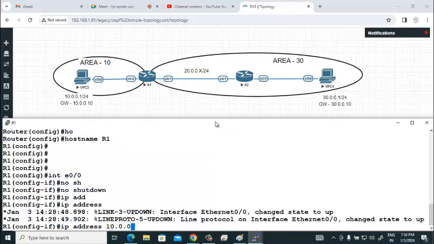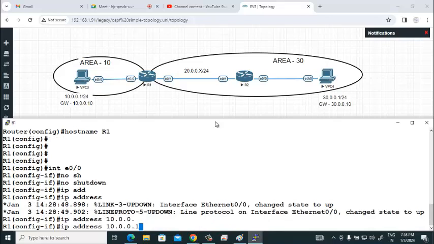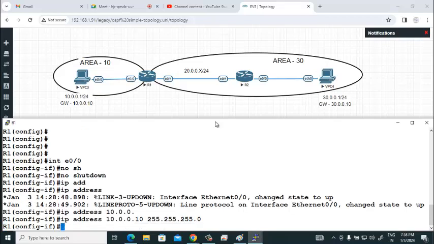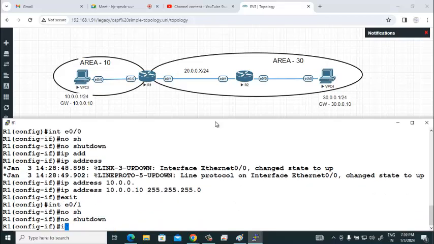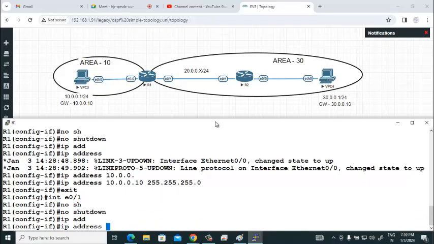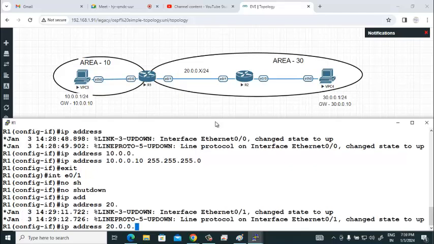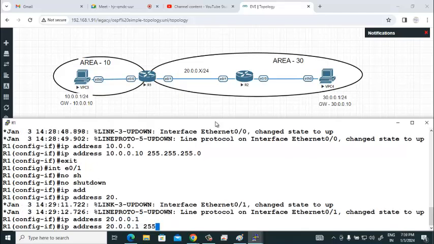All right, and then another interface is Ethernet 0/1, no shut, IP address 20.0.0.1, 255.255.255.0. Now let's finish the IP address on router 2, then we'll come and enable OSPF.